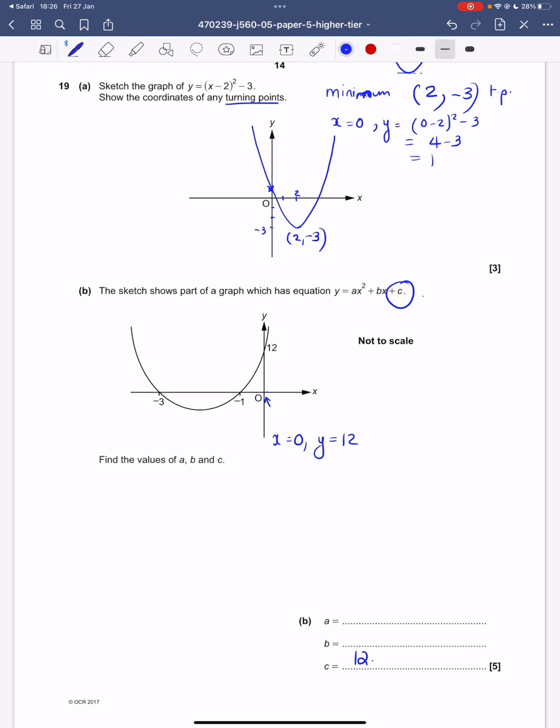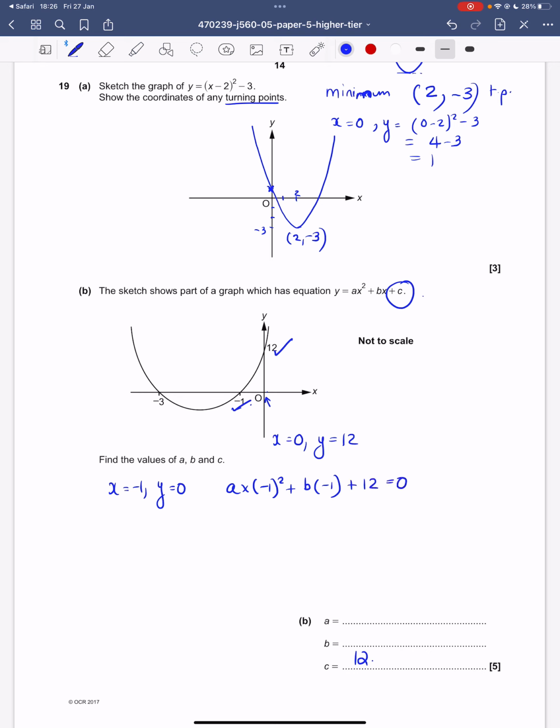Then we've got y here, so we've dealt with that one. This point here, x equals minus 1, y equals 0, because it's got 0 height. It's got a times minus 1 squared plus b times minus 1 plus 12 equals 0.